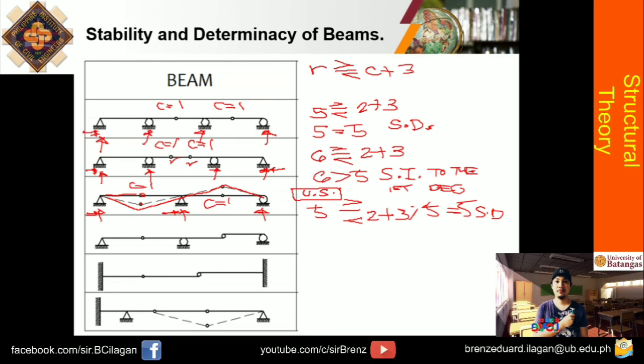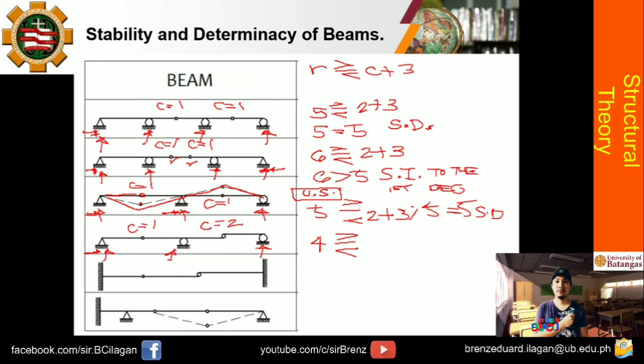So para sa sunod na problem, ayan, nagbigay na siya ng internal roller. Again, ano nga yung value ng ating C kapag internal roller? So dalawa. Then kapag internal hinge, that is equals to 1. So dito sa side na to, meron kang dalawang reaction. Since ito ay hinge, then followed by roller, so ang reaction may isa, and then meron ka ulit roller. So if you're going to solve for the value of the reaction, so ilan yung reaction natin? Bilangin natin. 1, 2, 3, 4. Greater than, equals, or less than.